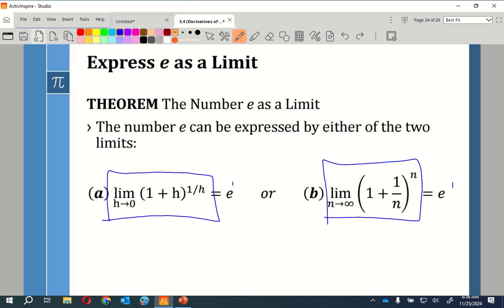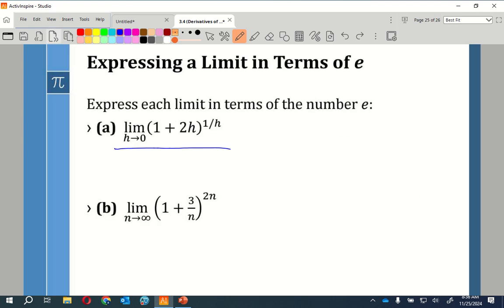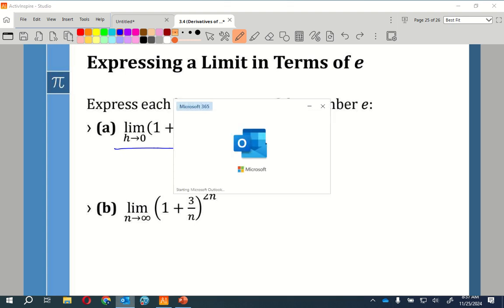If it's 1 plus h, but this one right here is 1 plus 2h, what do you think is going to happen? I don't know. Let's try this.